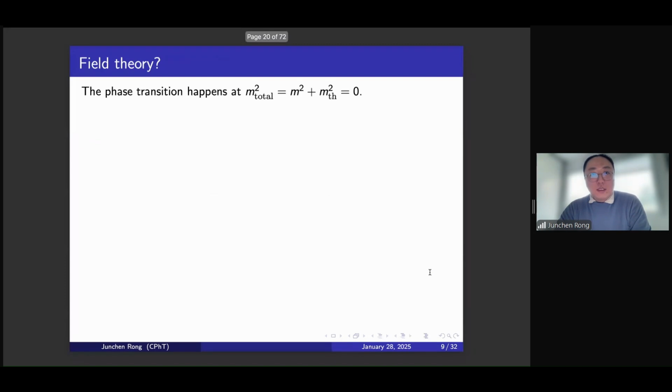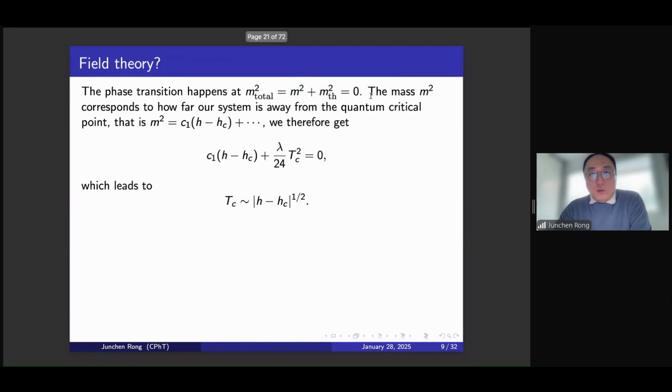Now, when does the phase transition happen? The phase transition happens when the total mass is 0, when the potential changes from a W shape to a U shape with just one minimum. Near the quantum critical point, you can basically take this mass to be proportional to h minus h bar, which is how far you are away from the fixed point.